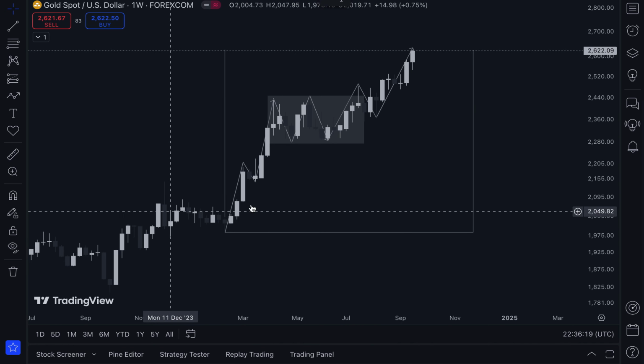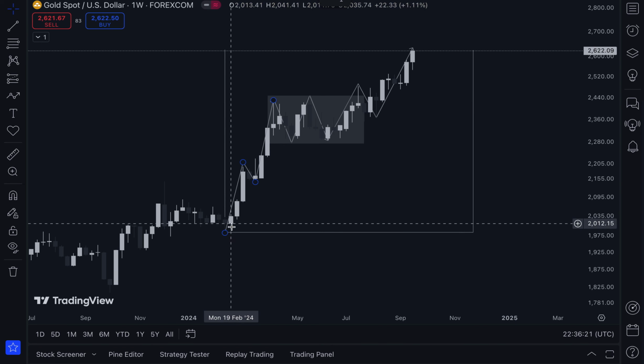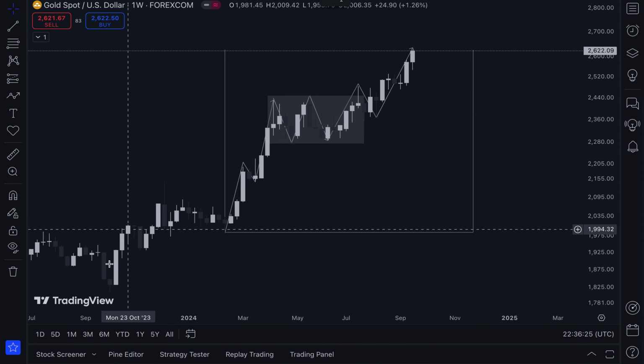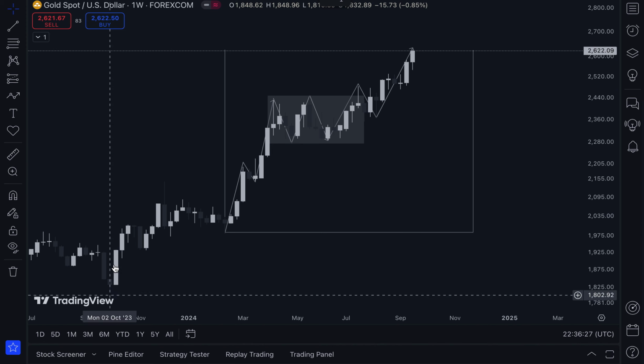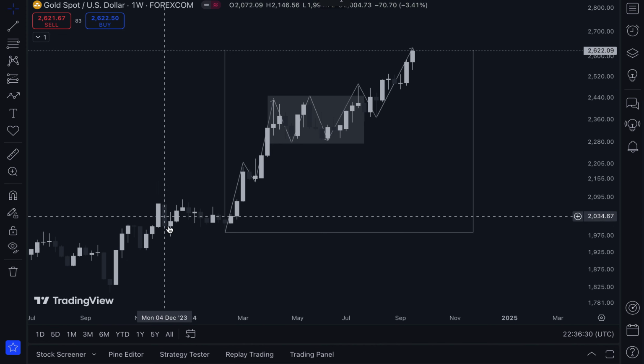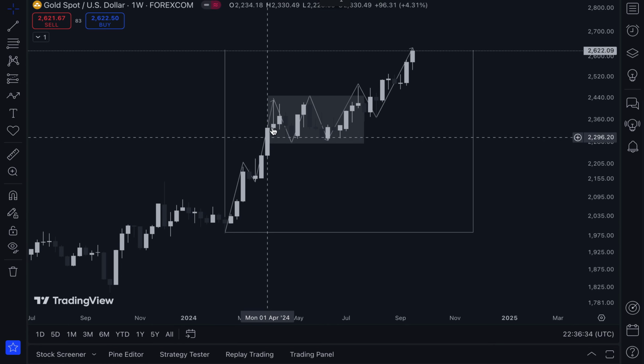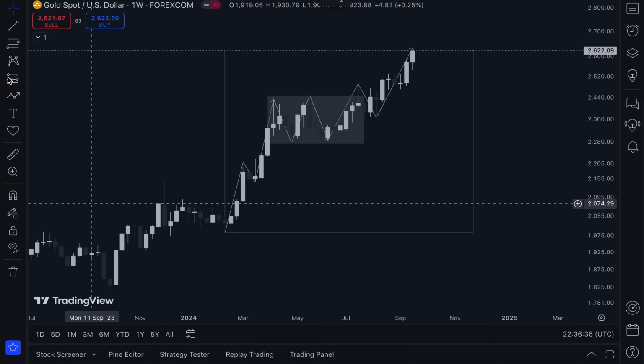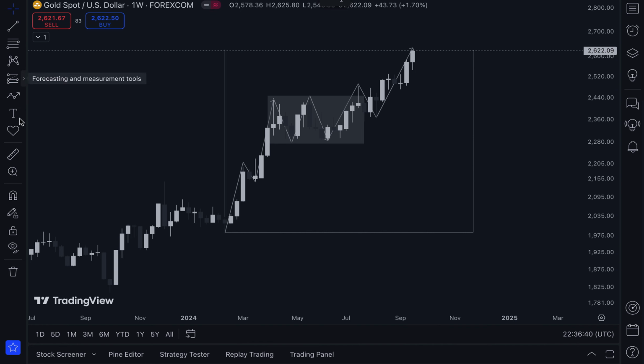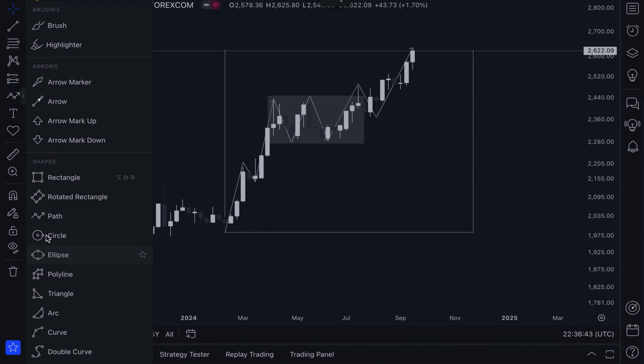Now, previously, what did we have? We had this, so we had a bullish movement and then a move to the upside. But if you look inversely, let me just show you.